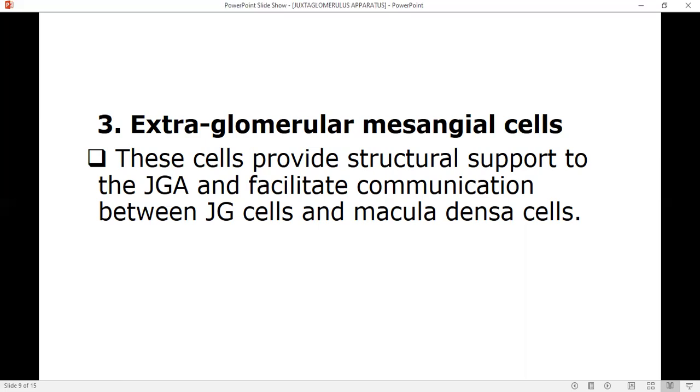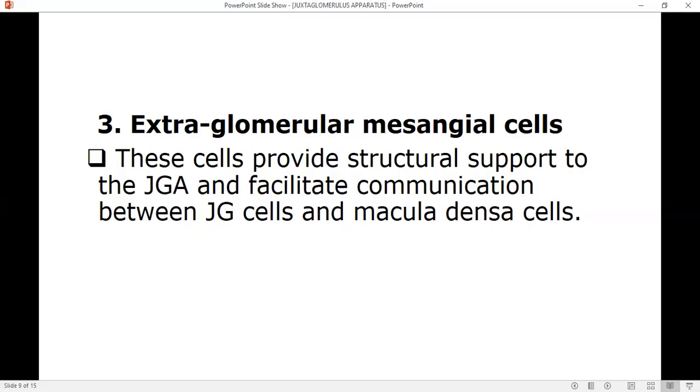Then the macula densa cells contain specialized cells that detect the levels of sodium. Low levels of sodium means that your blood pressure is lower than normal. So your body needs to regulate itself by sending a signal to the juxtaglomerular cells to release renin. The extraglomerular messenger cells are just there for support of the juxtaglomerular apparatus and facilitate communication between the juxtaglomerular cells and the macula densa cells.